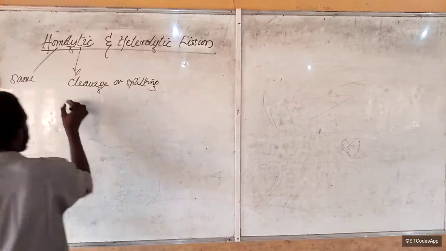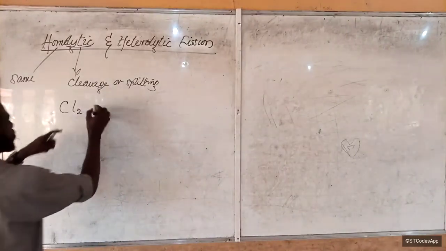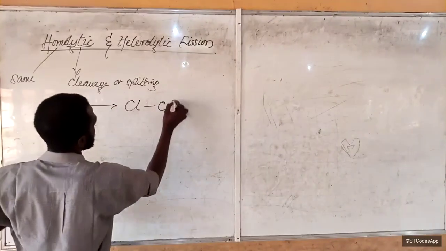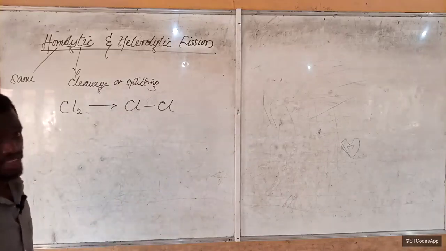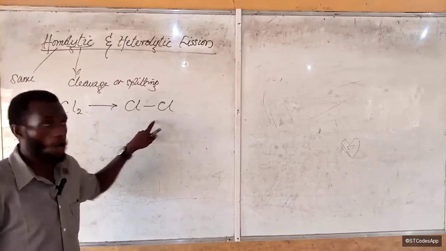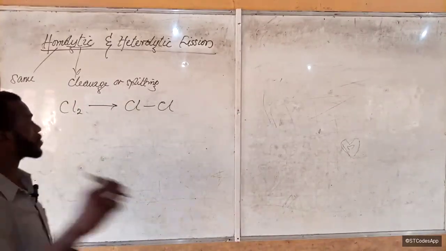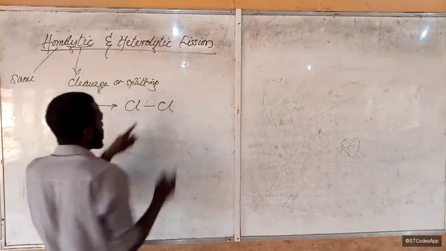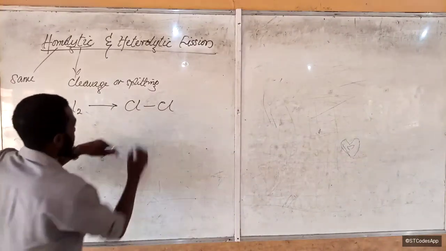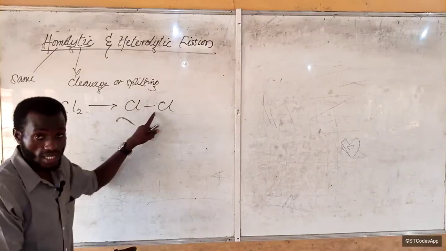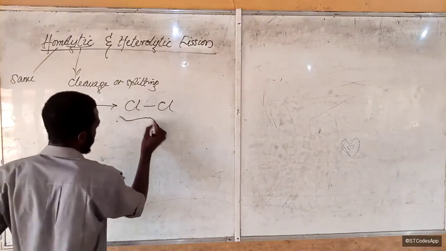A classical example is this. The chlorine molecule, which is basically two chlorine atoms coming together. Now, when this bond undergoes homolytic fission, recall that this bond represents two electrons. Is that okay?